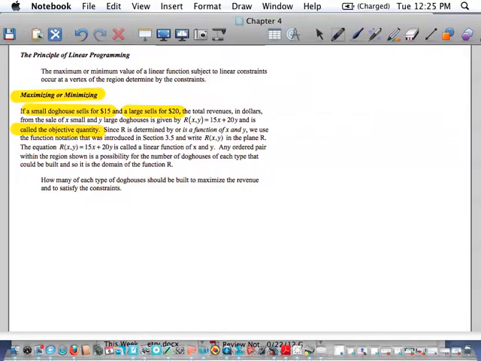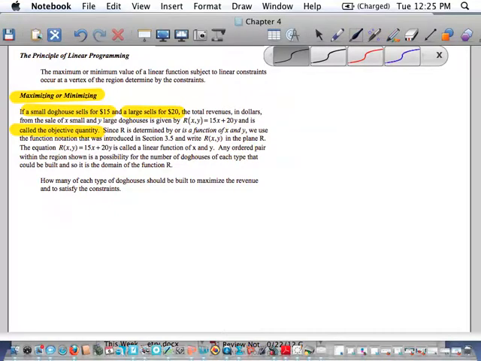Any ordered pair within the region shown is a possibility for the number of doghouses of each type that could be built, and so it's in the domain of the function R. So how many of each type of doghouse should be built to maximize the revenue and to satisfy the constraints?